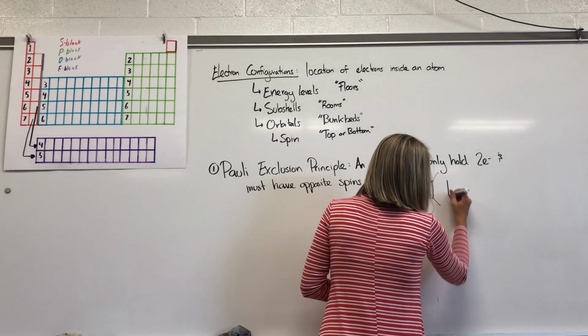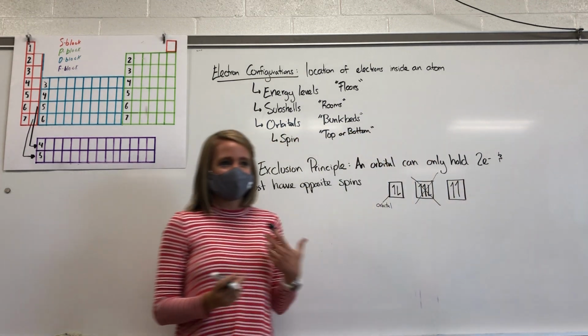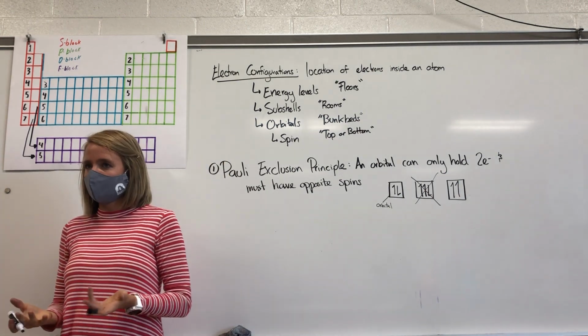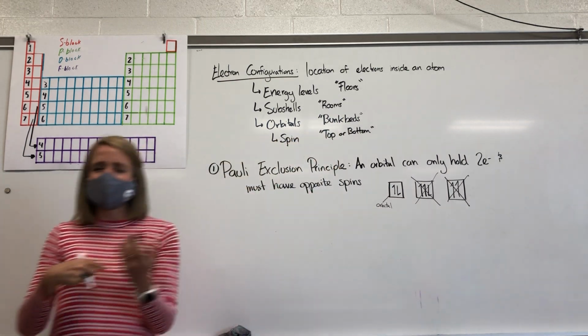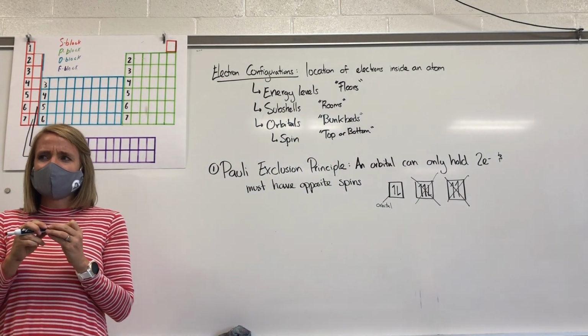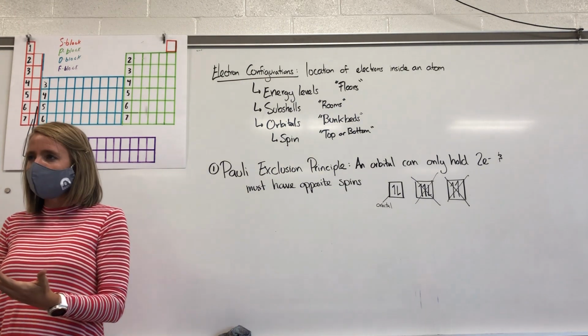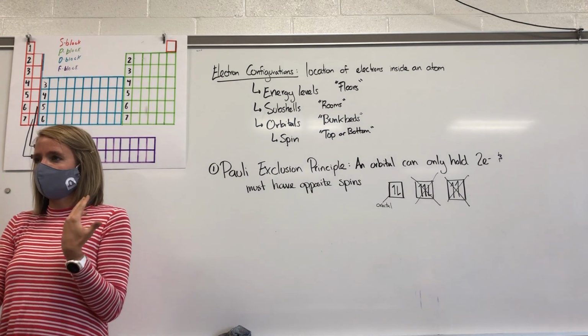And the other thing that can't be is you can't ever have them spinning in the same direction. That wouldn't ever happen. They always have opposite spins. Keep in mind, what's the charge of an electron? Negative. When you put two negative things together, they repel, and that's what causes their opposite spinning.